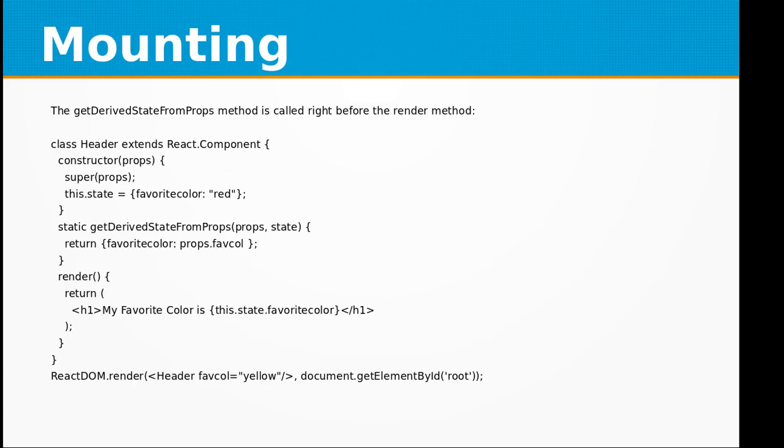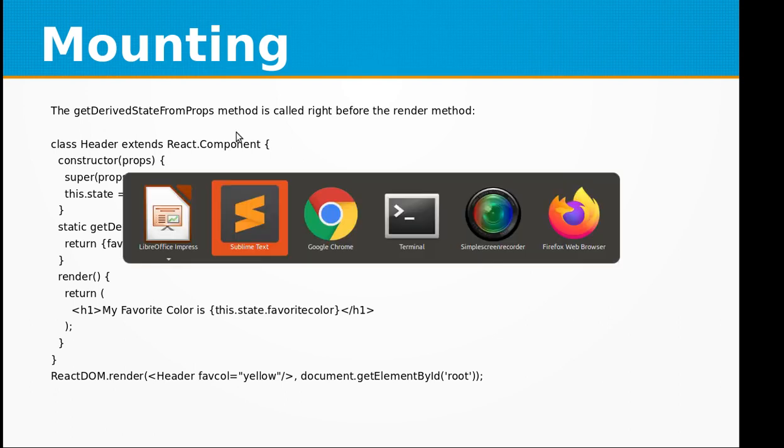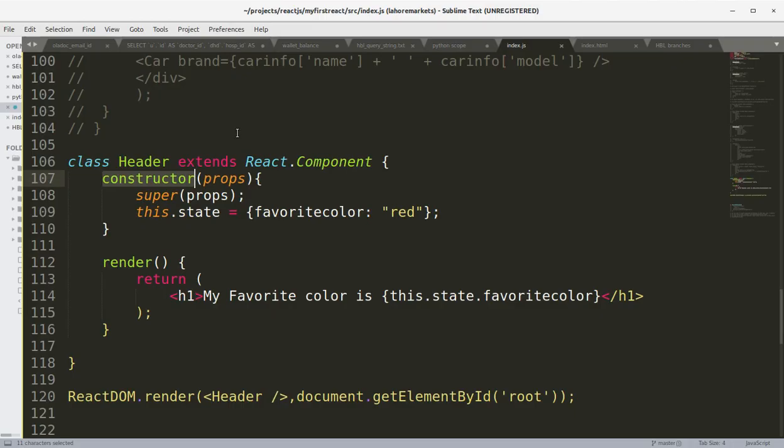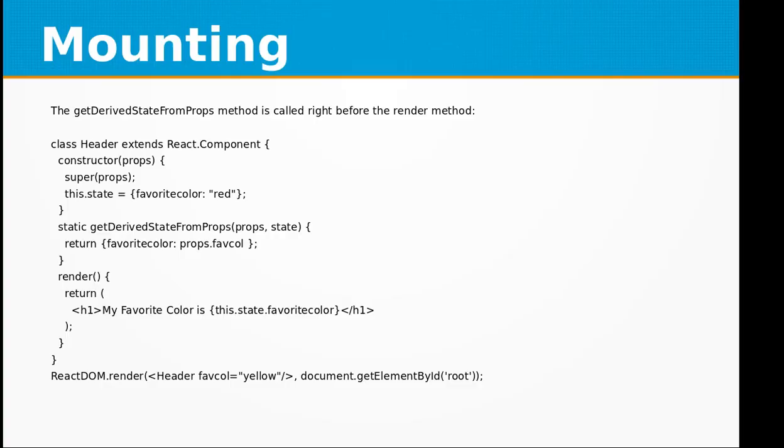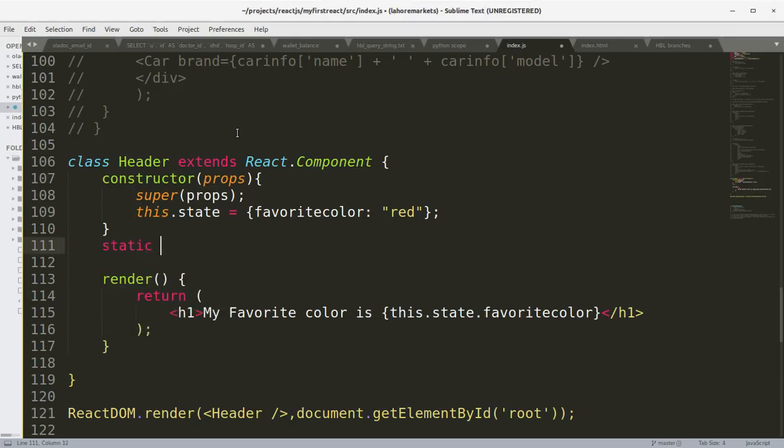Okay, let's look at this example. It is the same code as we just did in the previous example, but this code has an additional function, that is a static function, getDerivedStateFromProps, which is defined just after the constructor method.